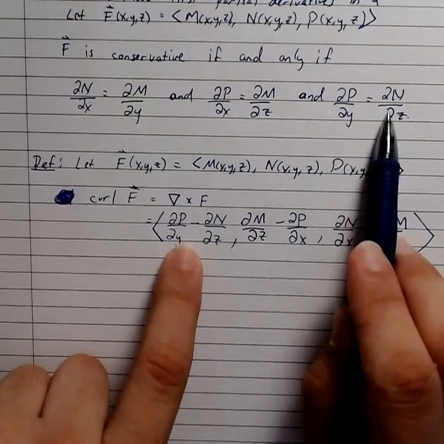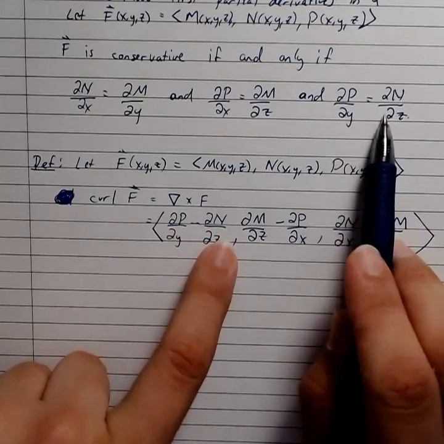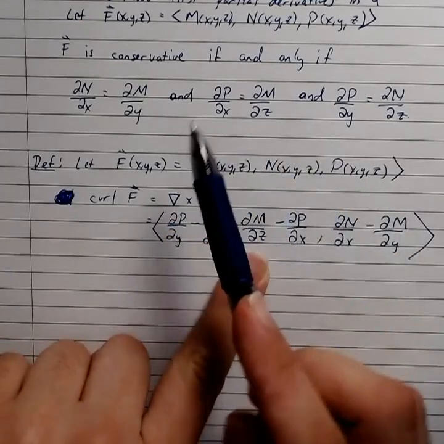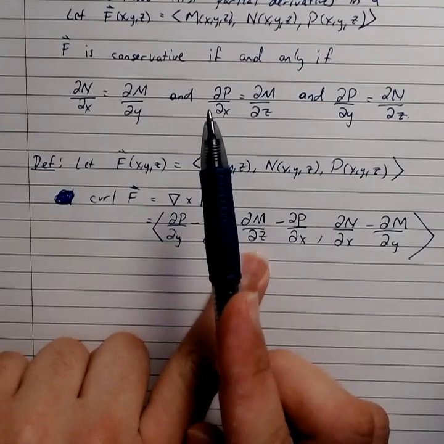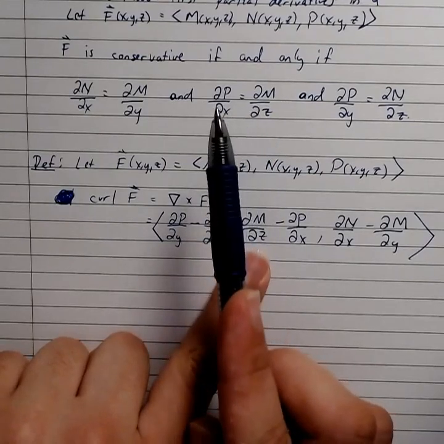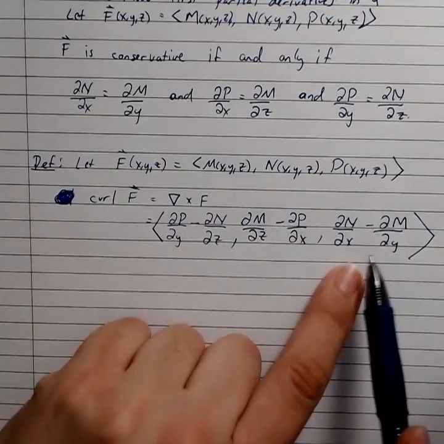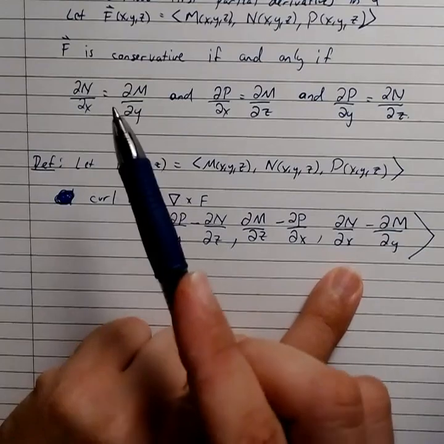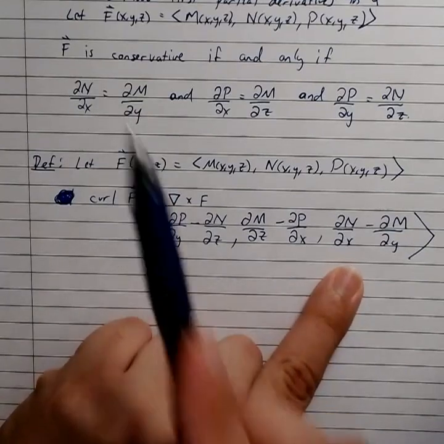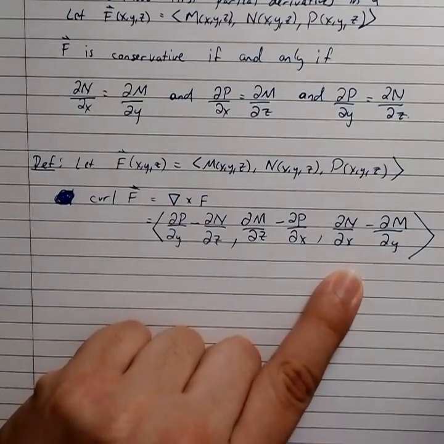So if this is equal to that, that would make this 0, a number minus itself. And notice that these two are these two expressions. So if these two are equal to each other, then the difference between them would be 0.